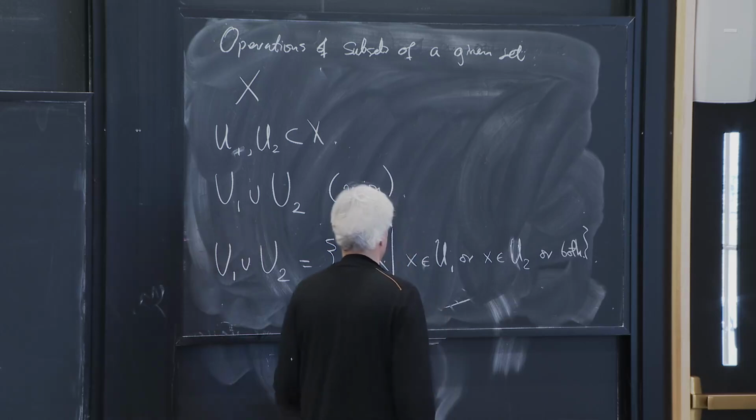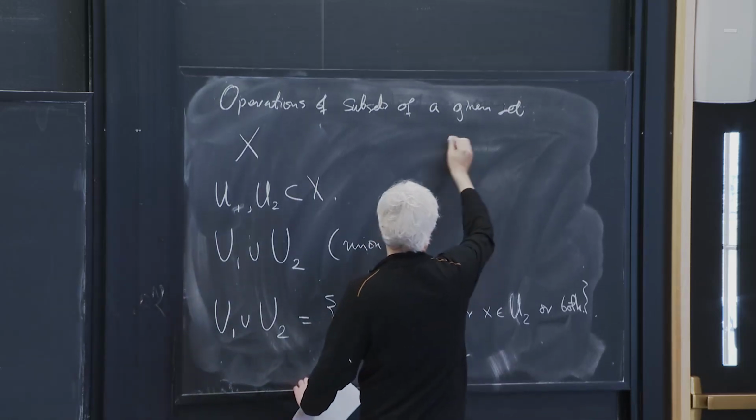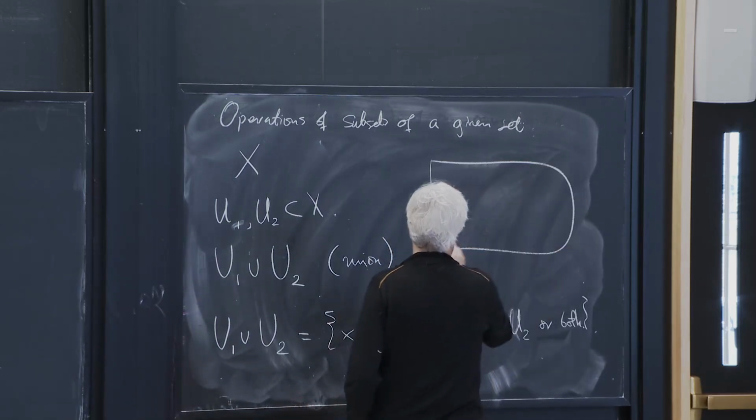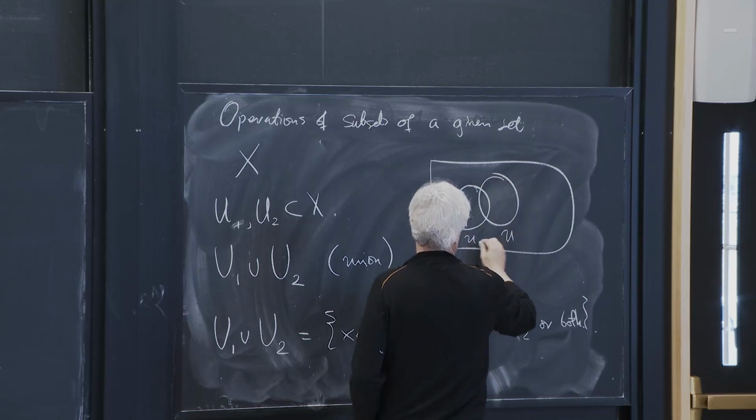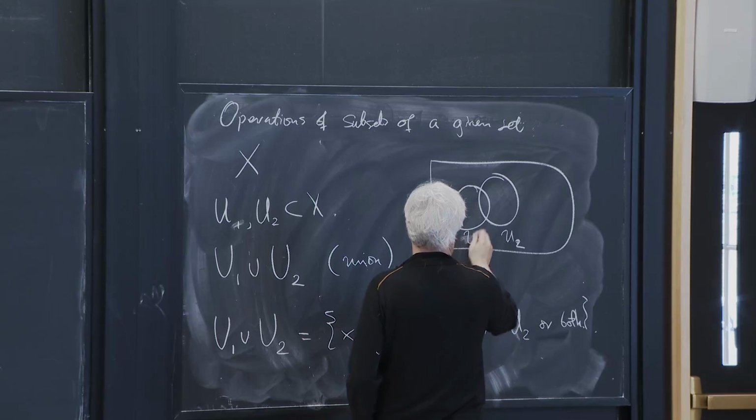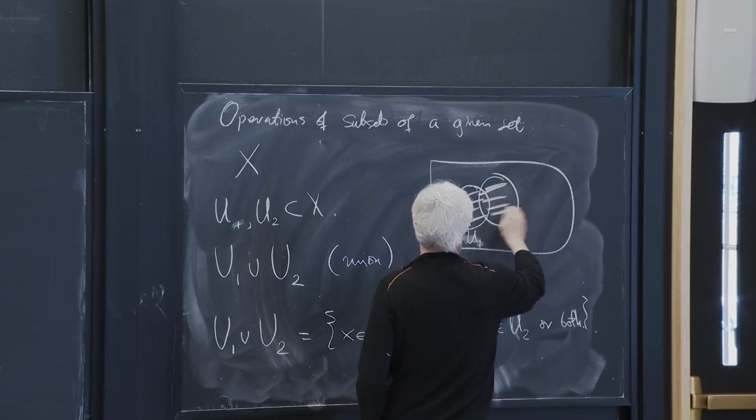Right? And so you often illustrate this with, if you have this here is X, this here is U1, this here is U2. Then this thing here is the union.